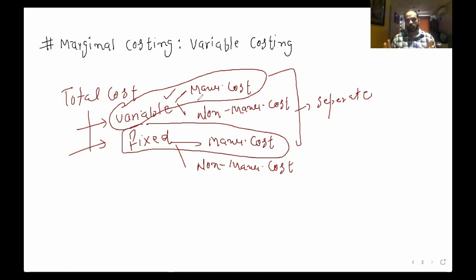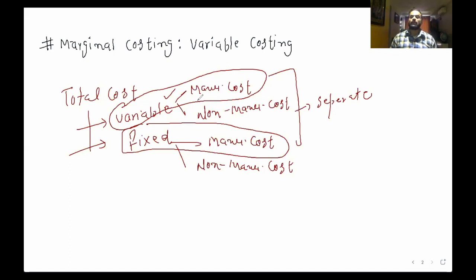We keep them separate because, as I said, fixed costs do not contribute. Fixed costs do not contribute means doesn't matter. You increase production, decrease production. Doesn't matter. You sell more units or less units. Your fixed cost is unchanged, remains same. So that's why they are not contributing anything.